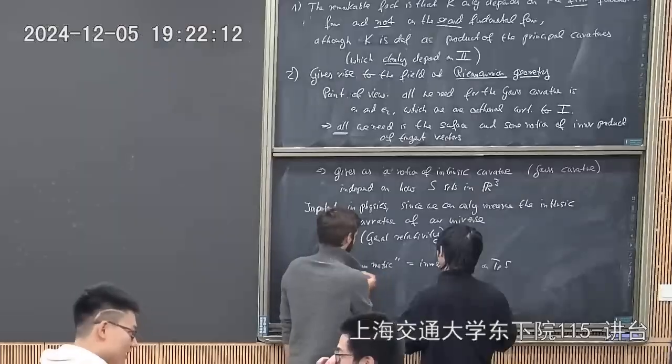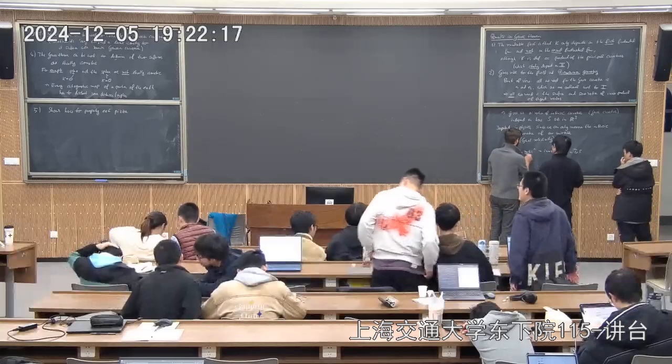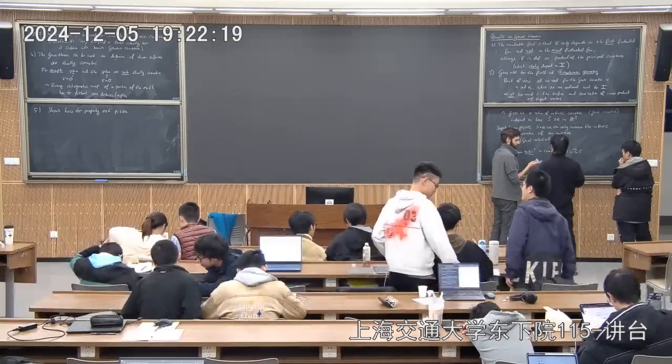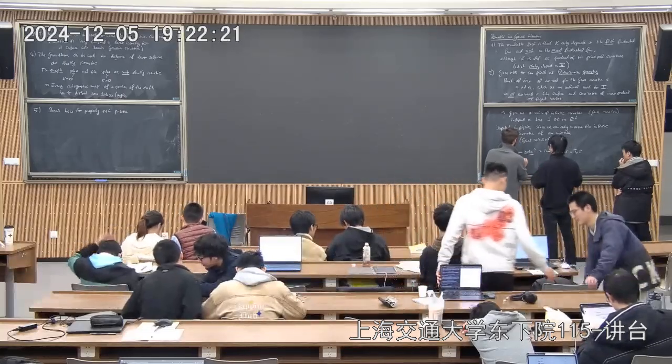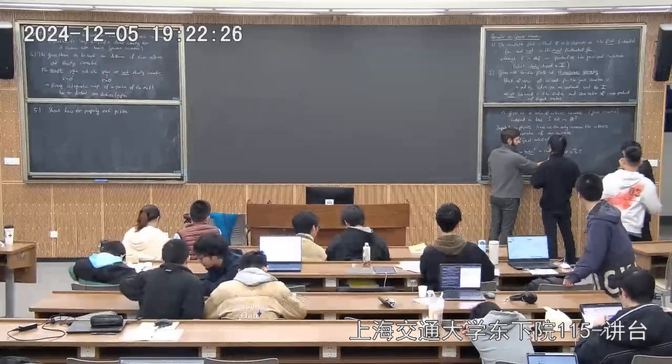We call it the Riemannian inner product. The book says it's a metric, but actually it's an inner product.